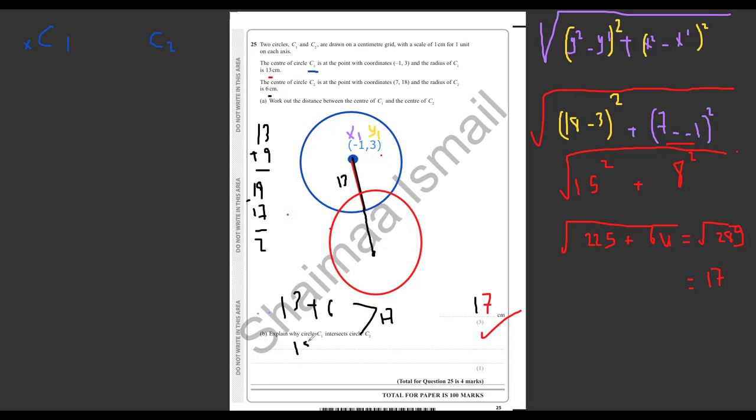Or I say 19 is greater than 17, and for this reason they overlap, with 19 minus 17, which is equal to 2 units. Okay, and make sure that you solve all the questions in the page, and we did it.